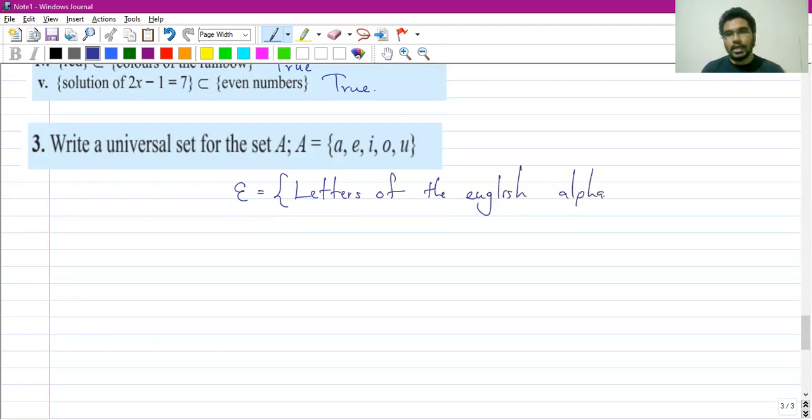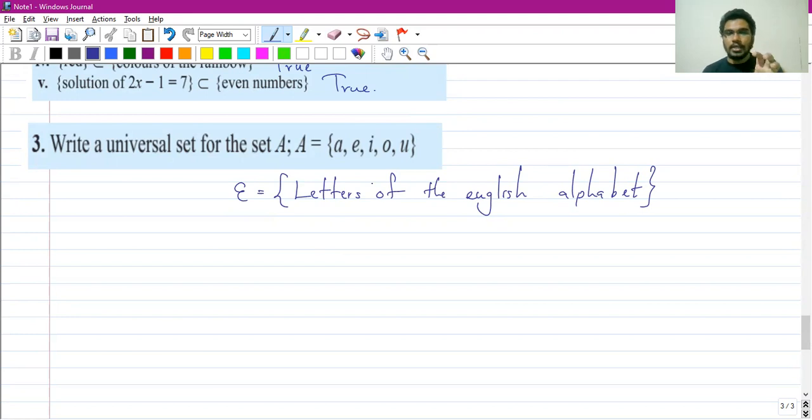I think you can understand it. They are asking for the universal set. The universal set must include all these elements and also more elements inside it.